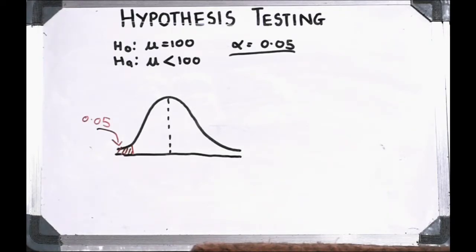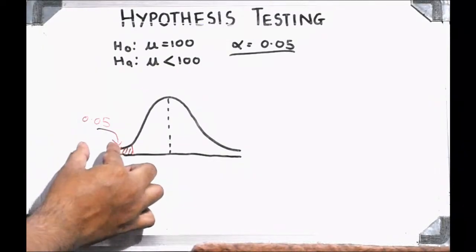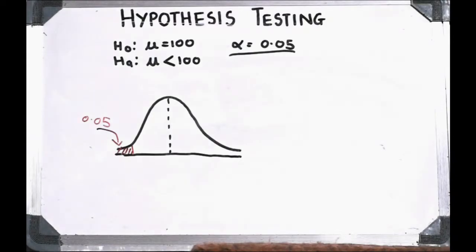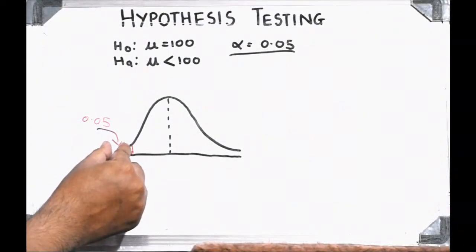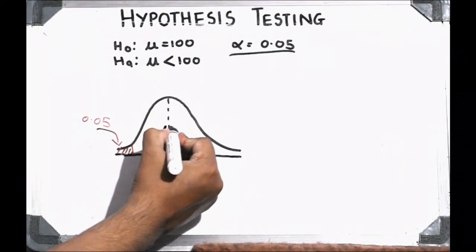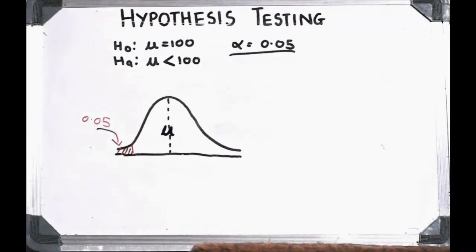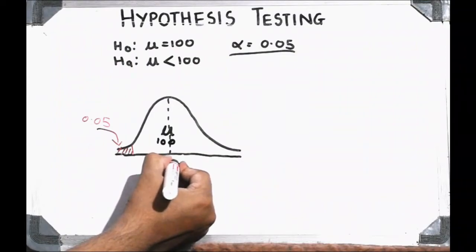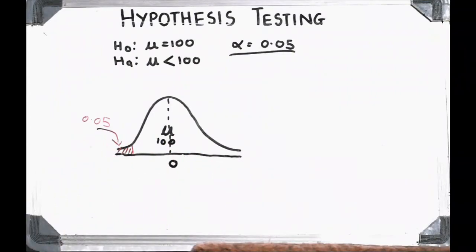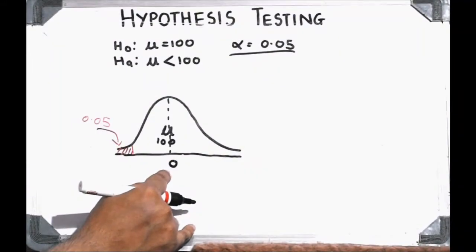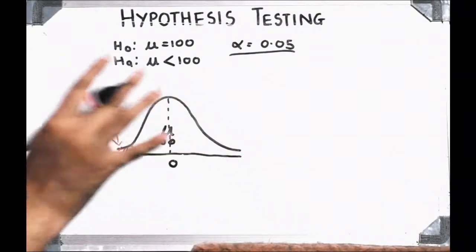So before finding the critical value, let us first understand the alpha value. The area under this red region is 0.05. Now this is the average price, which is 100. So the corresponding value would be 0, if we are doing a Z test or a T test. This side will be minus and this will be positive.